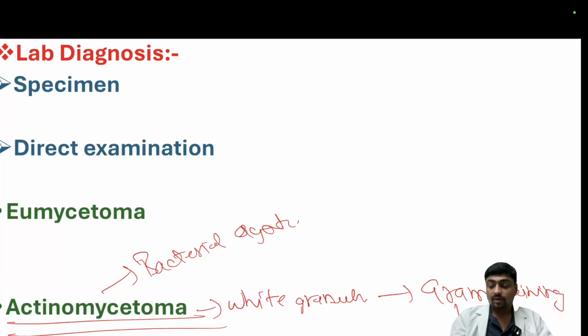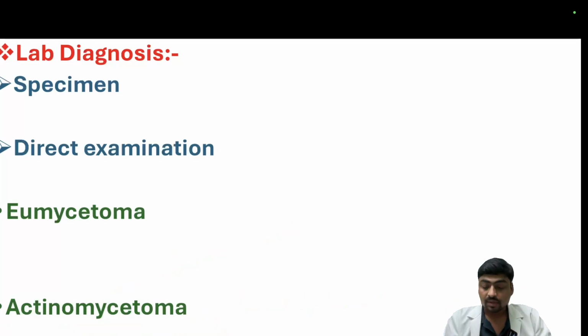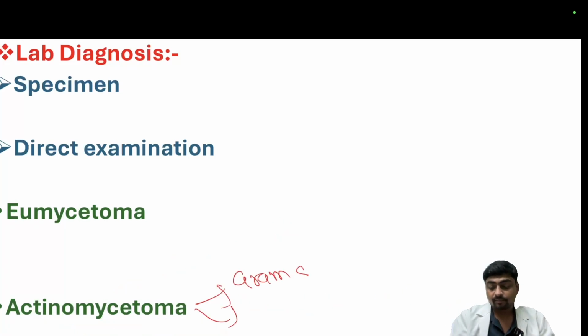While doing the Gram staining and looking through the microscope, we can see filamentous gram positive bacteria. We can perform the Gram staining, or we can also do the modified acid fast stain.